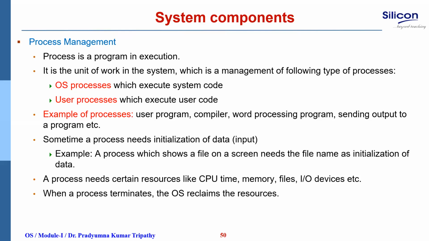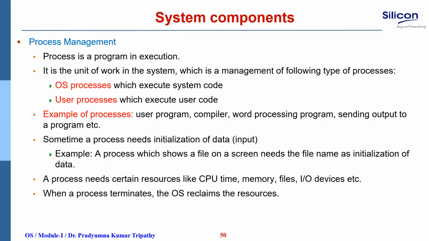But there are some processes which are executed by the operating system itself. For example, in Windows, various processes run in the background for optimization, for getting your input, and for checking errors and corrections. Those programs are executed by the system itself, and they are called operating system processes.